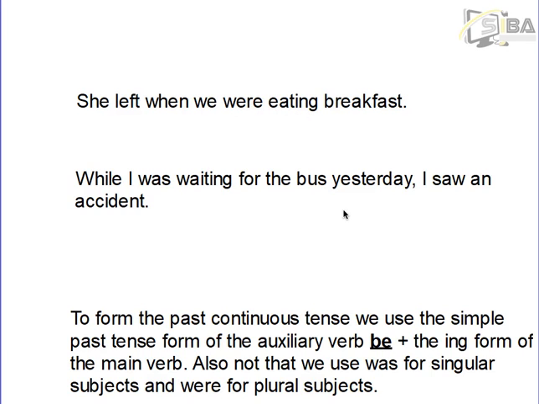Likewise over here we have the simple past tense form of the word be, being was, and then we have the ing form of the main verb wait, which is waiting. Also take note that when the subject is singular, we use was, and when the subject is plural, we use were.